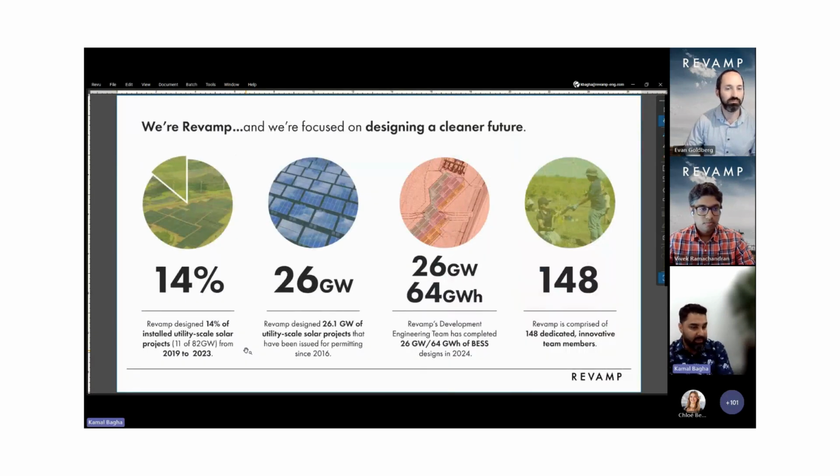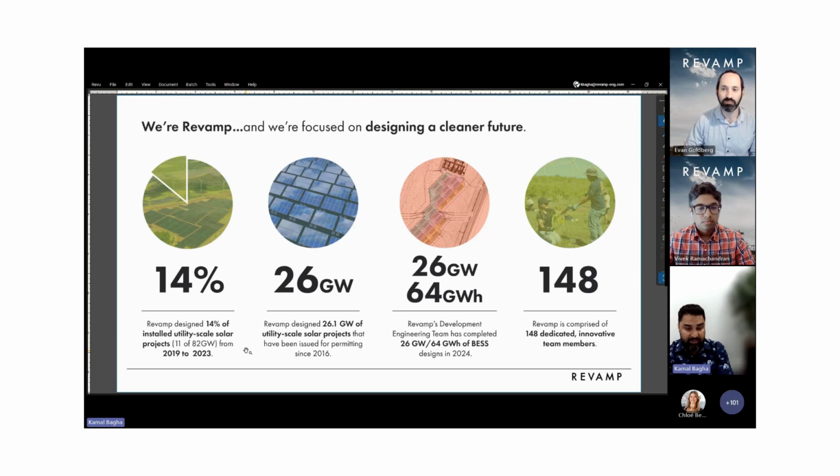Before we dive into the content, I'm excited to take a moment to introduce or reintroduce you all to Revamp. Revamp is a utility scale renewable energy firm. Since we were founded in 2016, we've designed over 26 gigawatts of utility scale solar projects all over the United States.